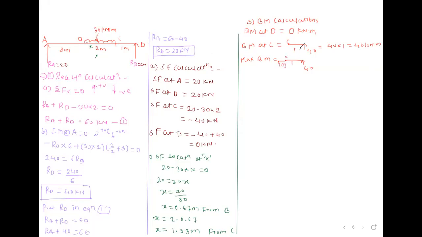So 40 into how much? 40 into 2.33, which is equal to how much? Yes, 93.2. But we have to consider UDL also, no?